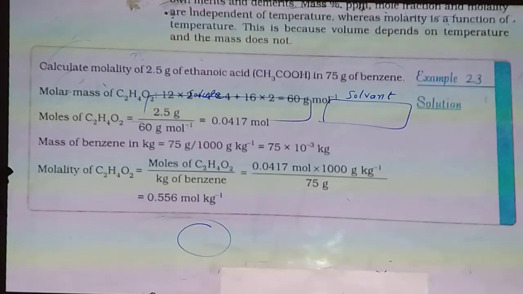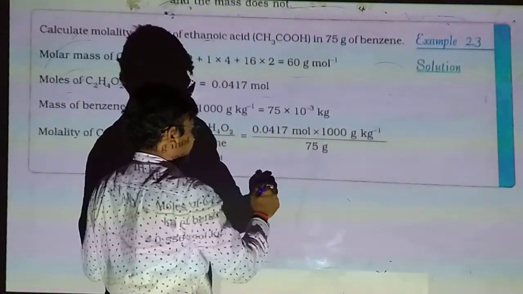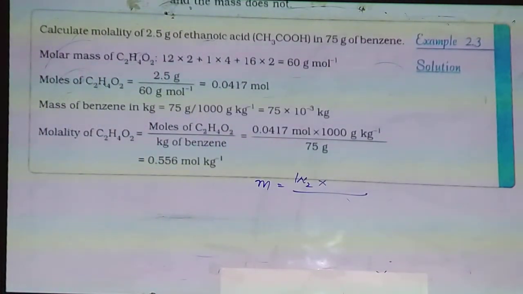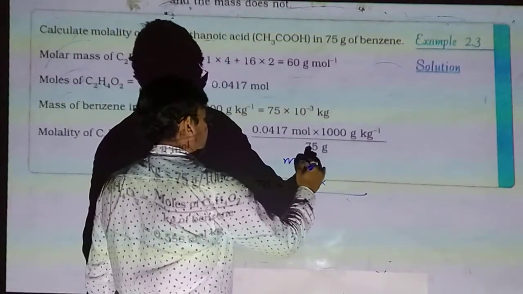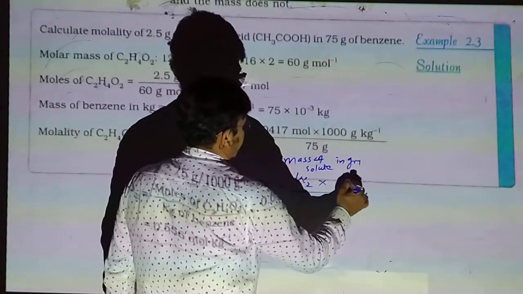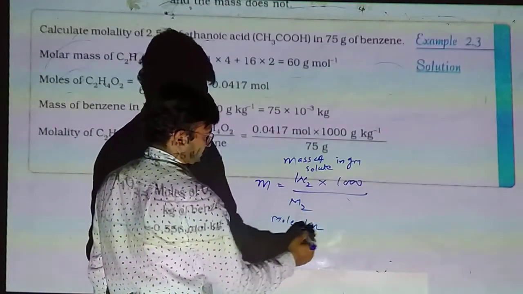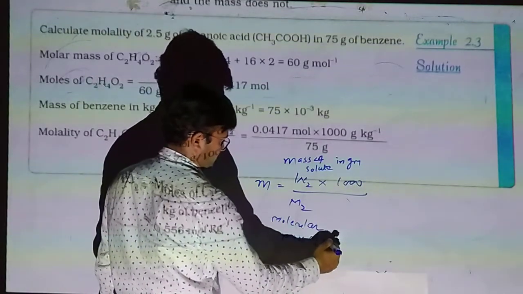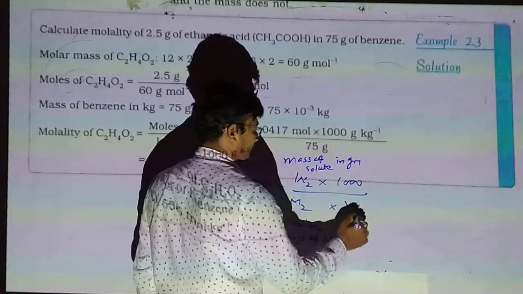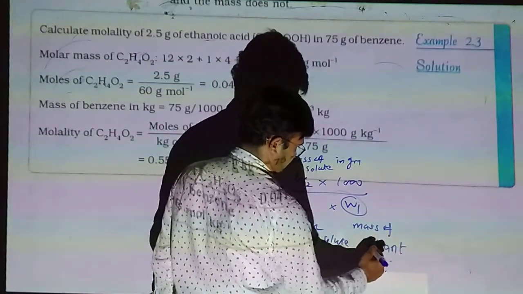By another method we can also define the molality. W2 means the mass of solute. W2 is the mass of a solute in gram into 1000, upon M2, the molecular mass of solute, and mass of solvent W1, the mass of a solvent.